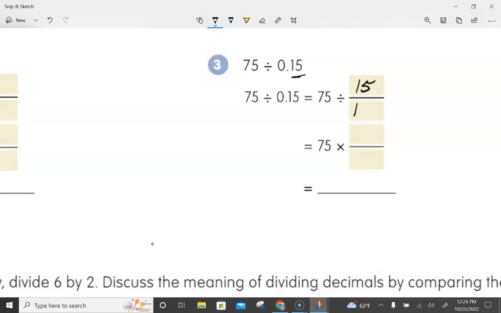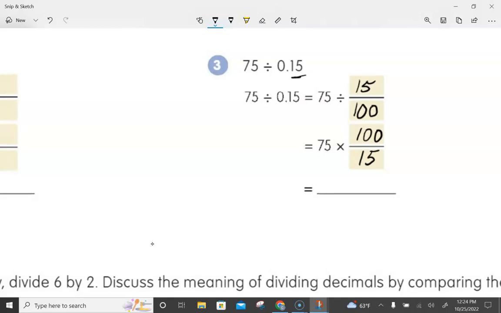I have 2 digits to the right of the decimal, so therefore I'm going to write 2 zeros to the right of my 1. If I had 4 digits to the right of the decimal, I would write 4 zeros after I wrote my 1. Okay, so what that translates into is keep, change, flip: 75 times 100 over 15.